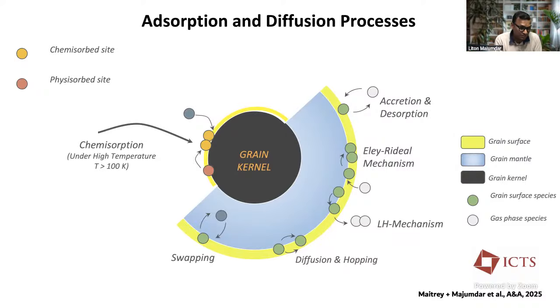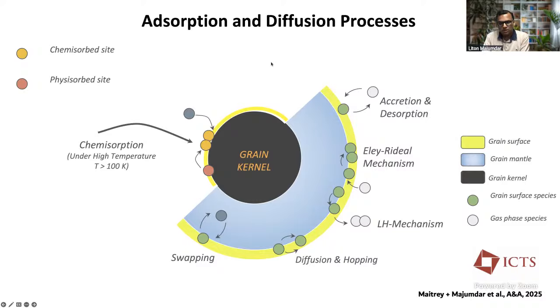Okay, so the chemistry that is happening during the formation is much more complex than the chemistry that is operating in the atmosphere, largely because during formation, your chemistry is happening both in the gas phase and also on the dust surface, and the gas and dust are continuously interacting through processes such as adsorption, diffusion, and desorption.